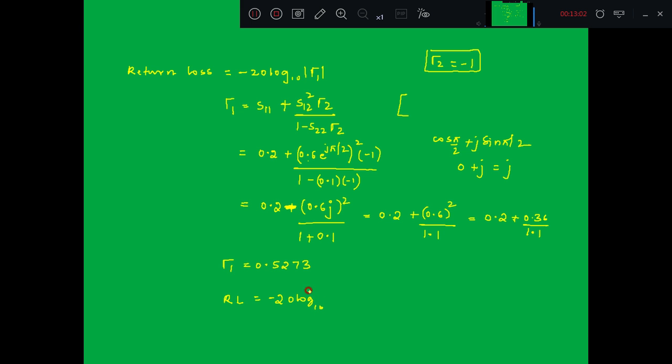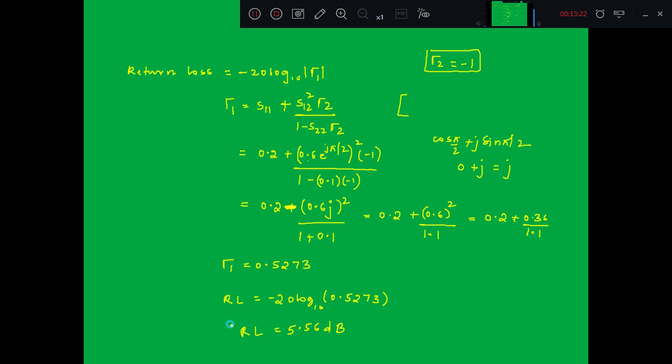What is the value of tau 1? It is 0.5273. So calculate -20 log of 0.5273 to the base 10. You will get return loss equal to 5.56 dB.